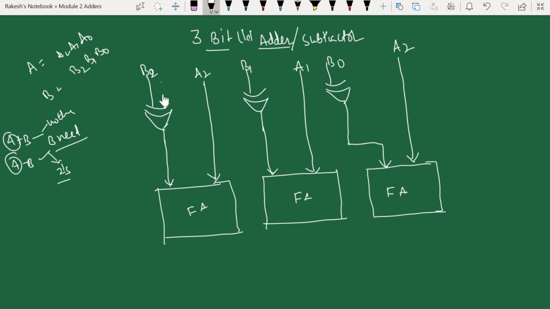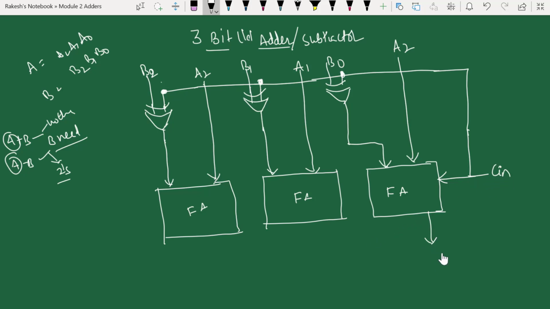I am taking the second input common for all the XOR gates. This is connected only to the XOR gates, and this is connected to the C-in of the circuit.